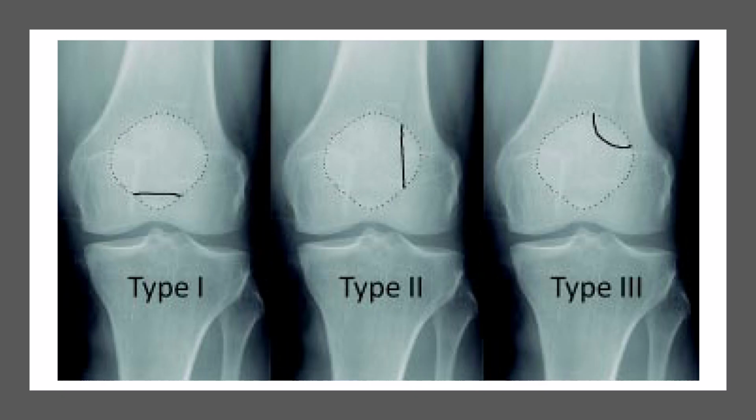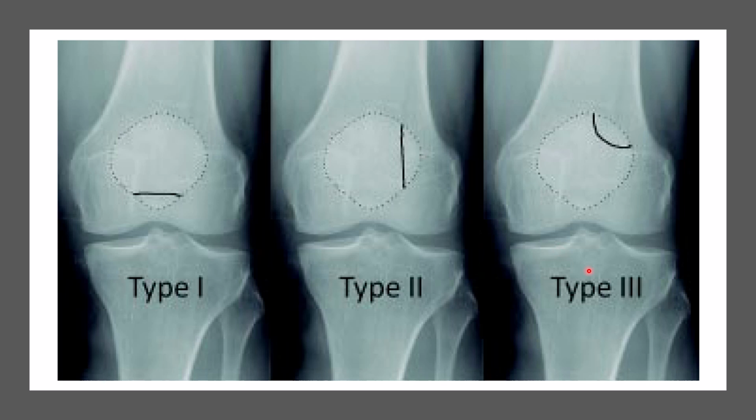The three classifications of this: type 1 is where the two pieces are typically like this. You have one large chunk of the patella and then the apex is separate. Type 2 is where there's a lateral piece, so you have the bulk of the patella and then one piece that sits lateral.